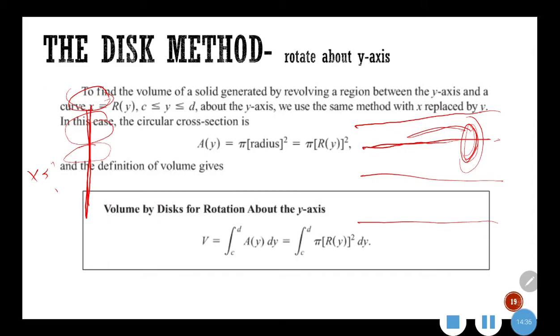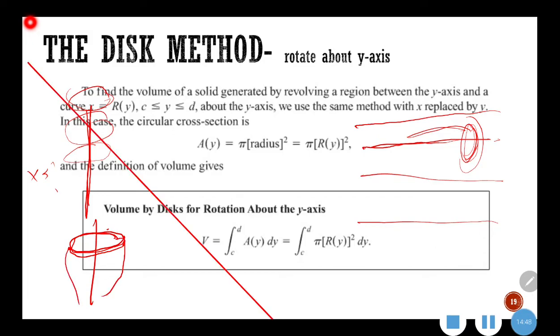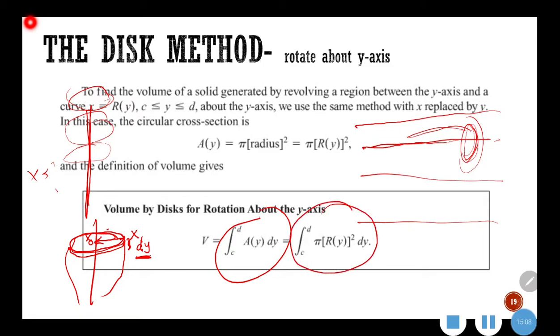So what makes the difference is that kalau you tengok, the rotation here becomes like this. So your solid will look something like this. So dia punya radius now, instead of y1 minus y2, it's going to be x1 minus x2 ataupun x0 something. And the thickness will become with respect to y, dy. So that's why you see here the integration jadi macam ni, integration from c to d of pi times radius squared dy.